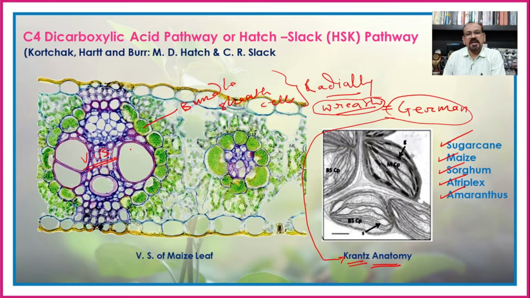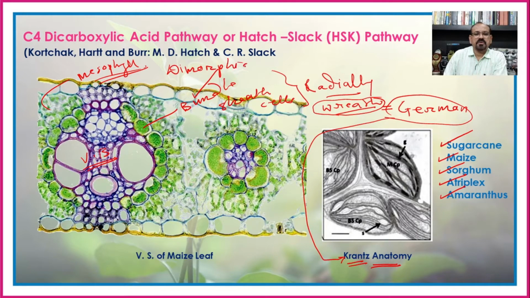Now, how these plants are different than the other plants? If we see the presence of the chloroplast, they are present in the bundle sheath cells also, as well as the other mesophyll cells also. But here, the type of the chloroplast which are showing by the C4 plants or the HSK plant are dimorphic.